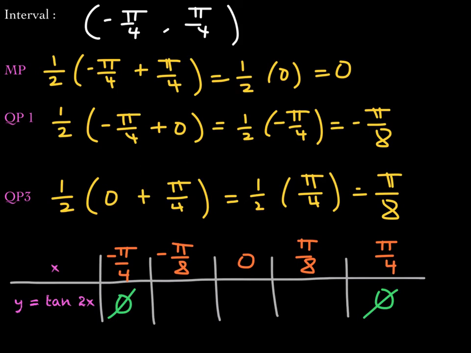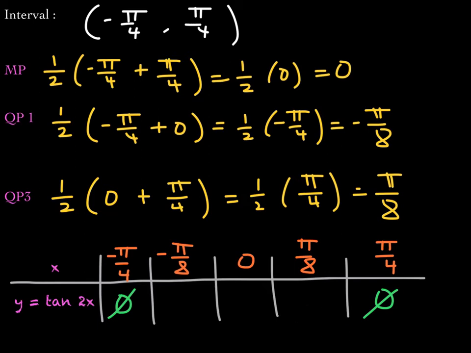So really, for tangent and cotangent, there's only going to be three input values that you're considering, basically your midpoint and your two quarter points. Because the left endpoint and the right endpoint of your intervals will always be your vertical asymptotes. So you'll always have undefined values over here for the left endpoint and the right endpoint. So there's always these three points that you're finding. The first quarter point, the midpoint, and the third quarter point.